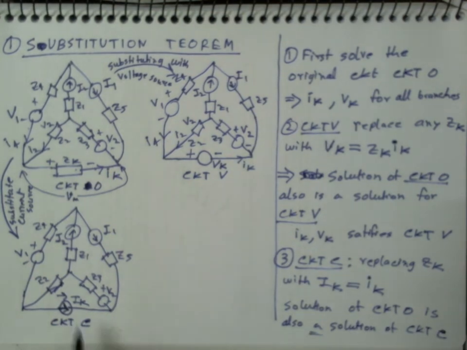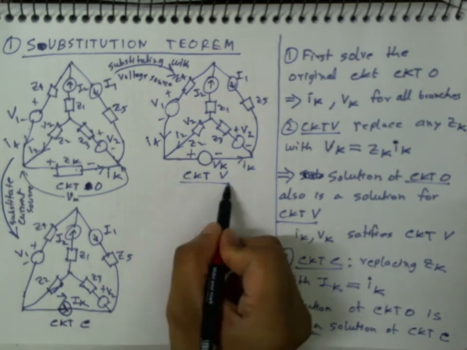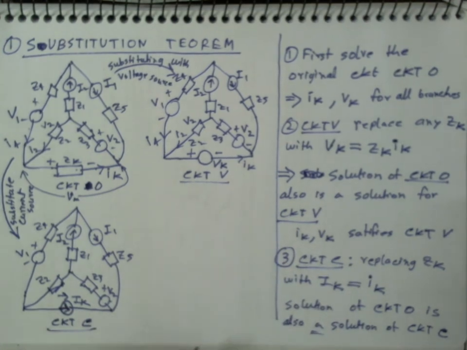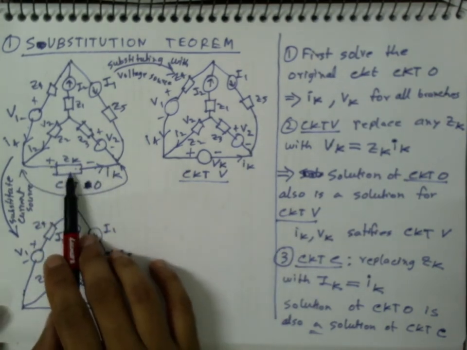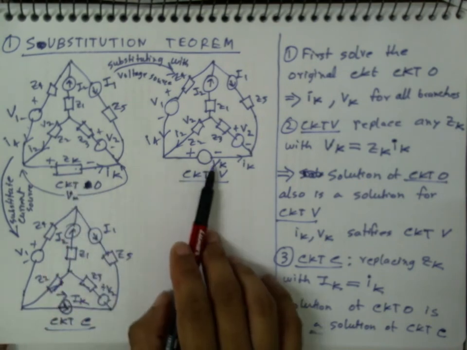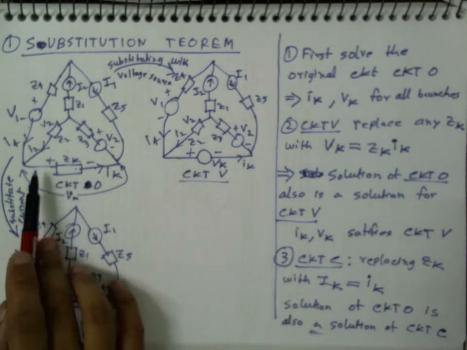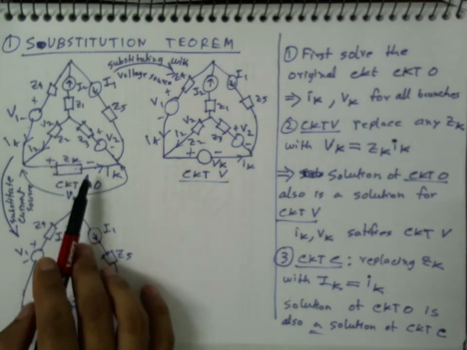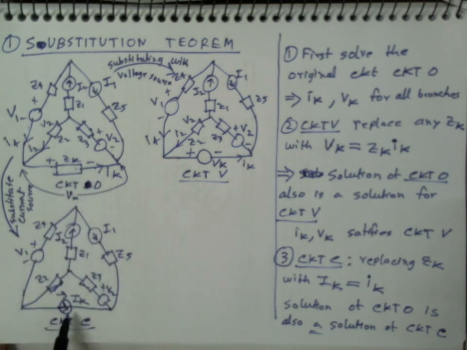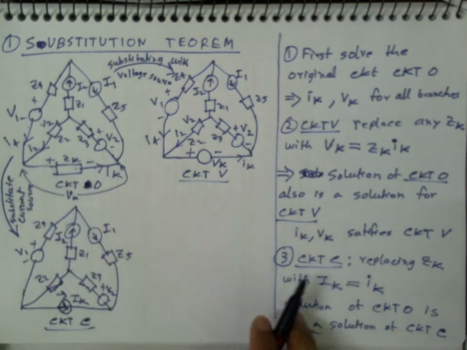Okay, so C for current source replaced, and V for voltage source substitution, that's how I named it. So that's what the substitution theorem says: that I can replace any impedance, any branch, with a suitable voltage source so that the value of the voltage is equal to the voltage drop in the original circuit across this impedance, or I can replace this with a current source such that the value of this current source is the same as the current that was flowing in the original circuit.